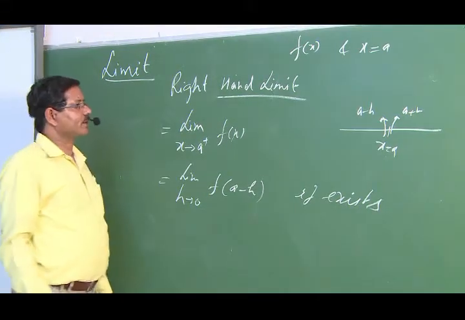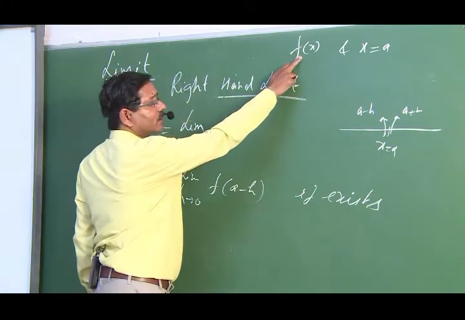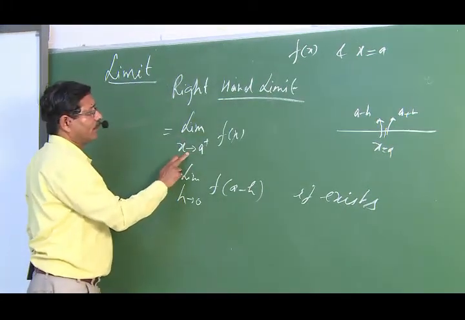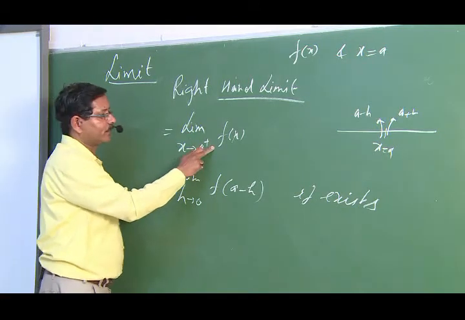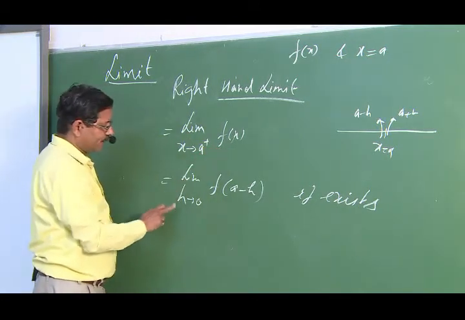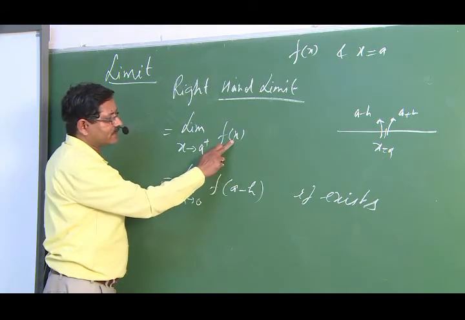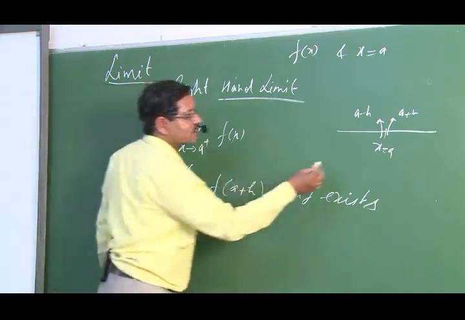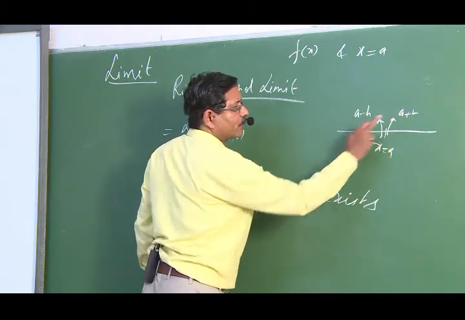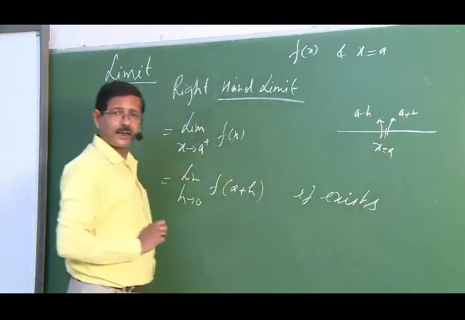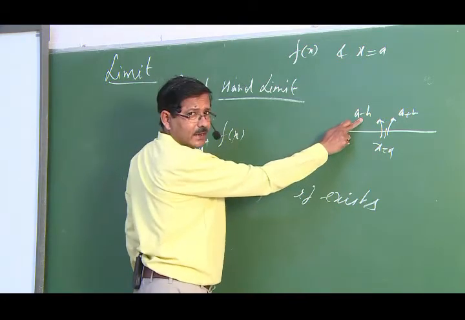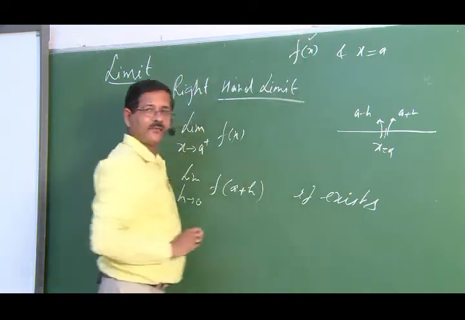Now the right hand limit of function f(x) at point x equal to a is denoted by limit x tending to a plus f(x). Now limit h tending to 0, replace x with a plus h. For right hand limit, x is replaced by a plus h, and for left hand limit, x is replaced by a minus h in function f(x).